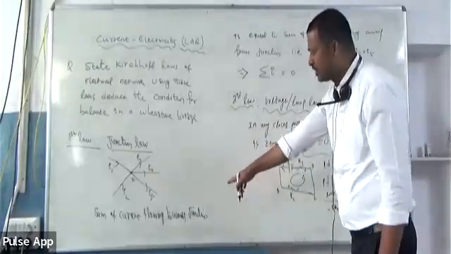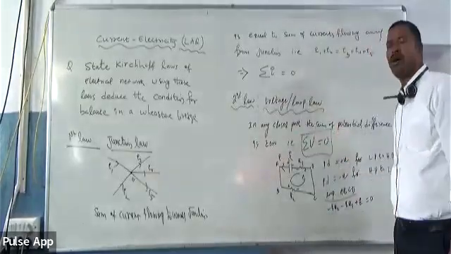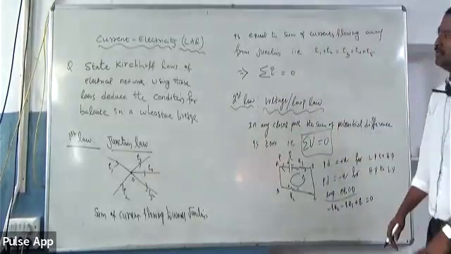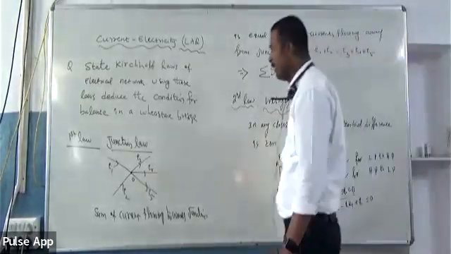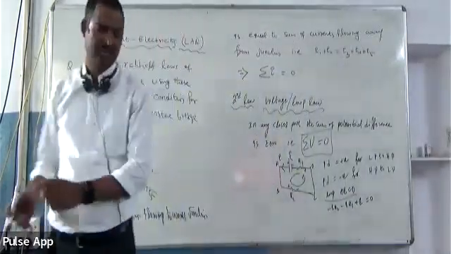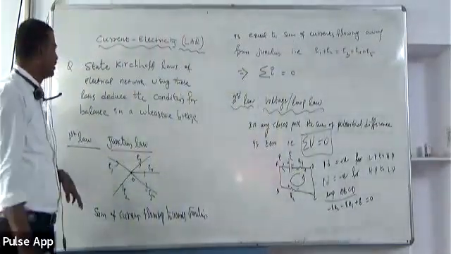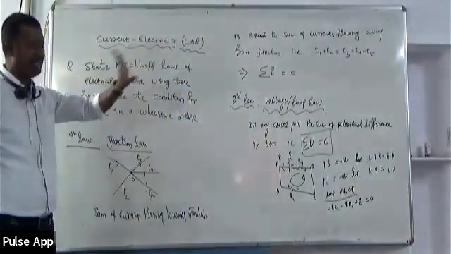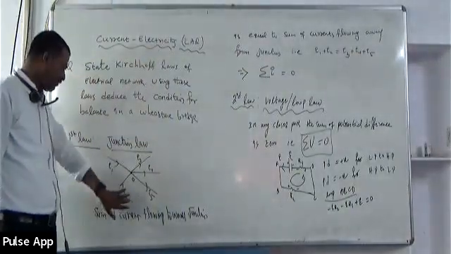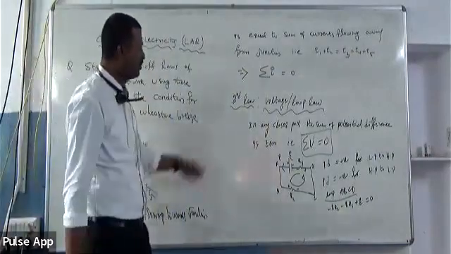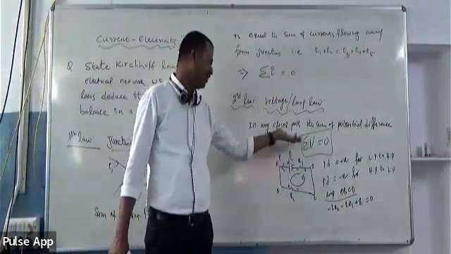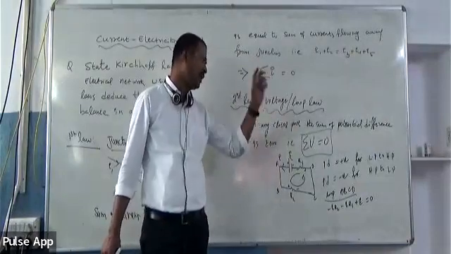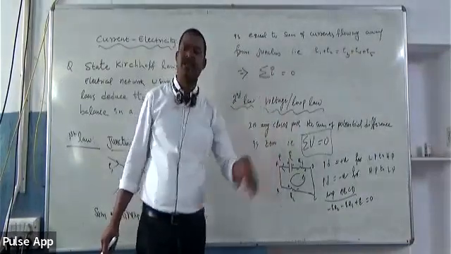The first law is the junction law, and the second law is the loop law. These are the statements of the two laws of Kirchhoff. State Kirchhoff's laws of electrical network. This is the first law and that is the second law. Mainly you need to write the first law: current flowing toward a junction is equal to current flowing away from the junction. And the second: in any closed path, the sum of the potential differences is 0.